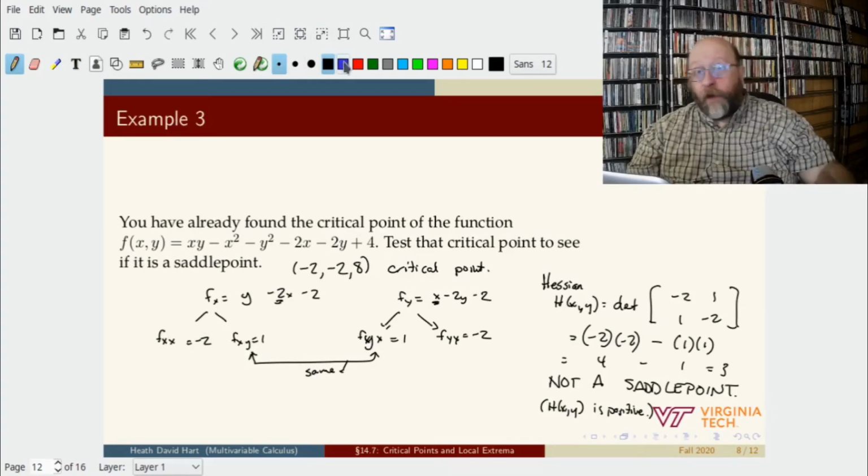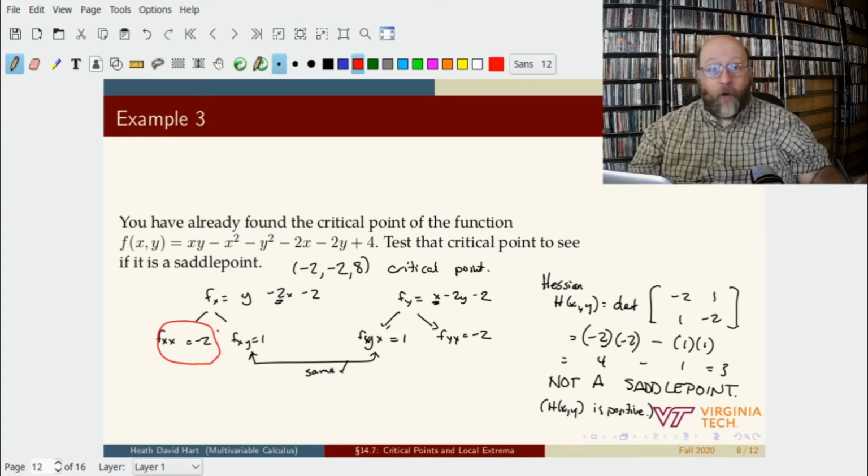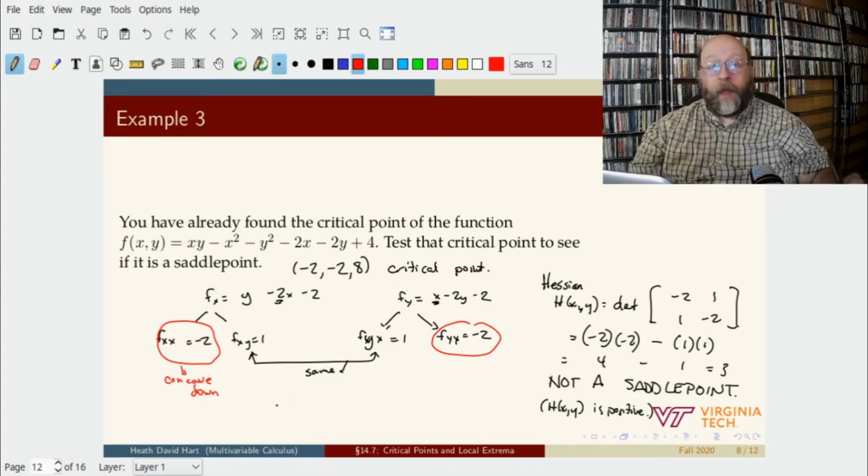And so the concavity coefficients tell me what the result is. Both of them agree. Both of them say the graph is concave down, because the concavity coefficient is negative. And since the graph is concave down, then the critical point has to be a maximum.